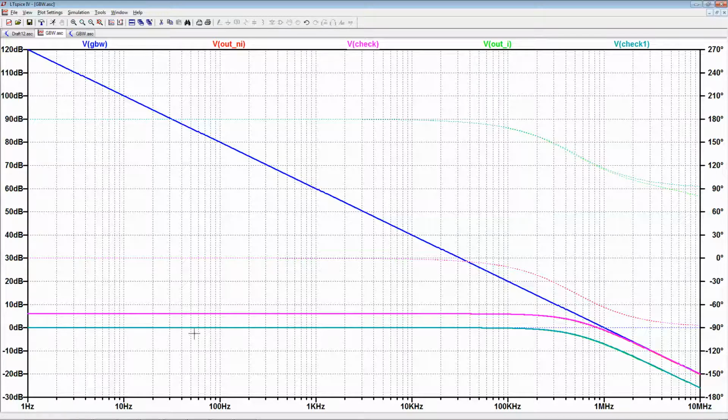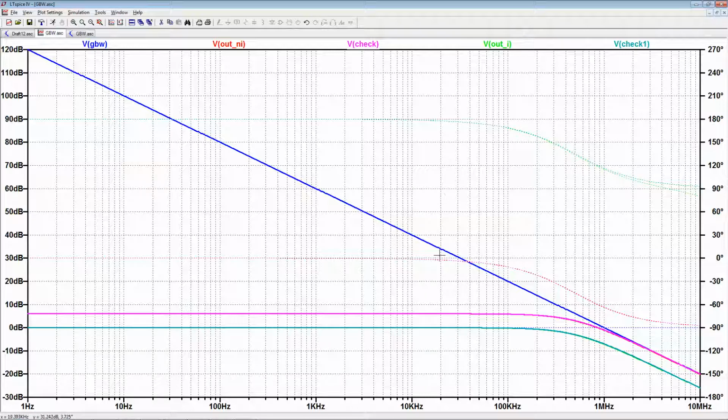Now you can see that you have your gain of 6 dB, and then it rolls off at omega naught, and then it actually lines right up on the integrator model. But the gain of the inverting is at 0 because R1 equals R2. That gives 6 dB on the non-inverting and 0 dB on the inverting.